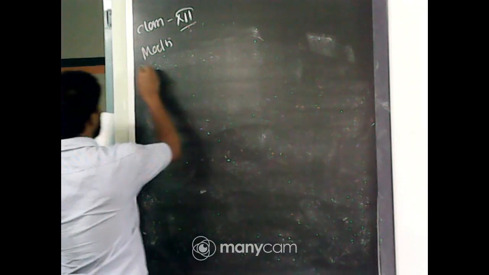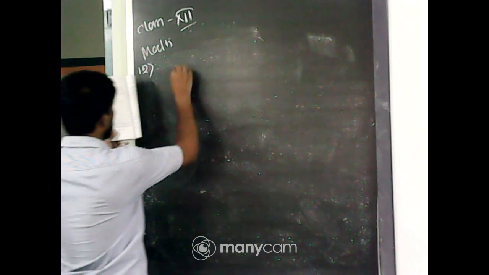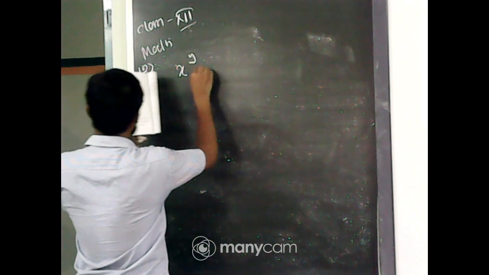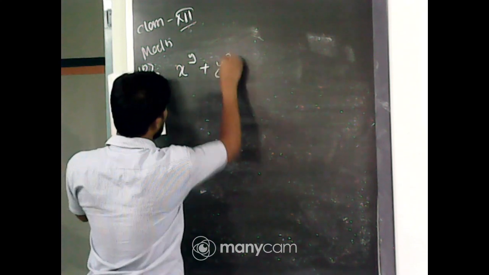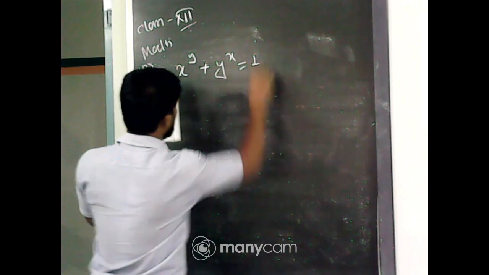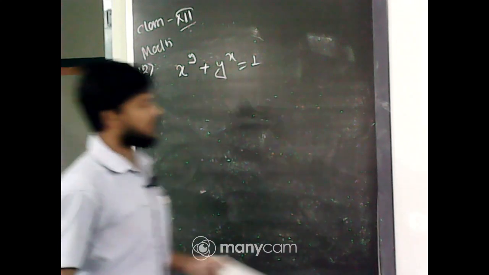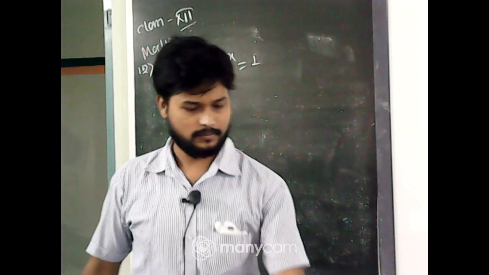Now question number 12 says to find the dy dx of the functions given in exercises 12 to 15. So the first question is x to the power y plus y to the power x is equal to 1. From here we have to calculate dy dx.